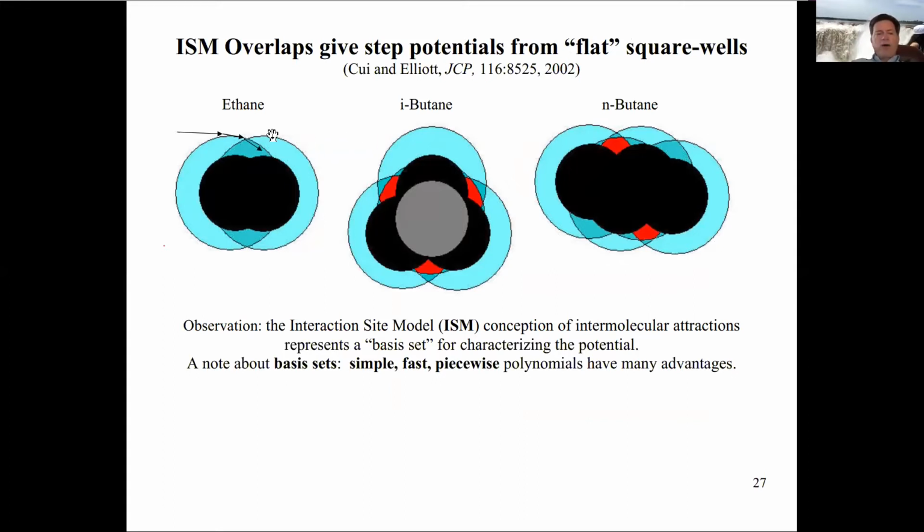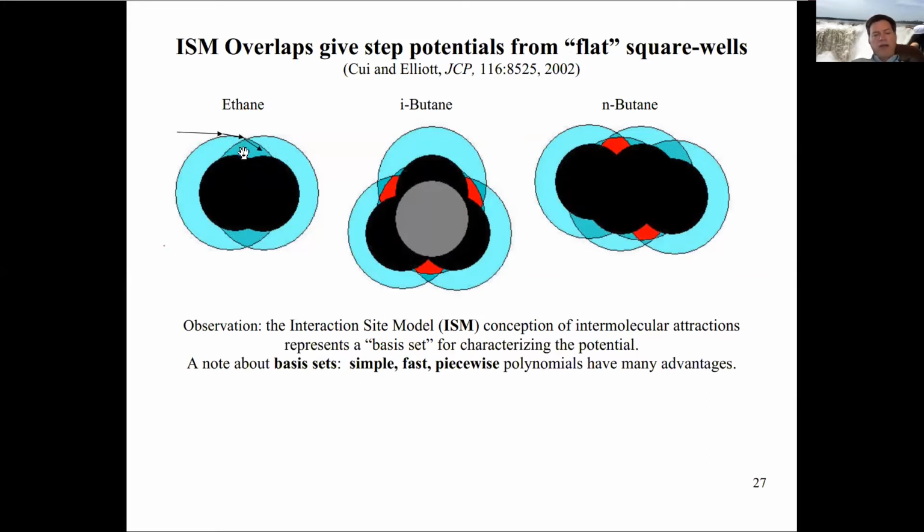So if we think about a square well sphere wrapped around two interaction sites, how is that interaction potential actually behaving? If you have a probe molecule coming along and it encounters the first square well around this ethane, it gets attracted, deflected, pulled in.